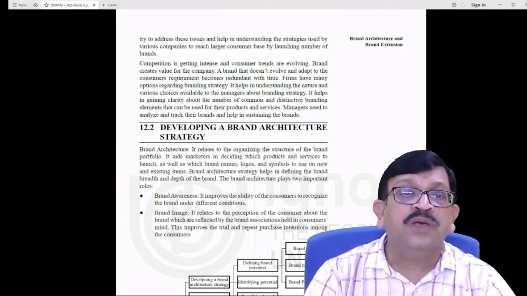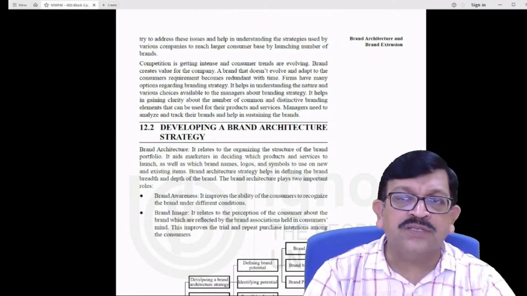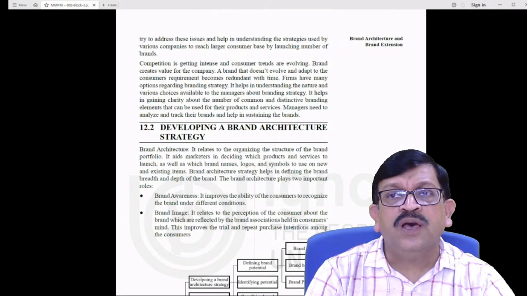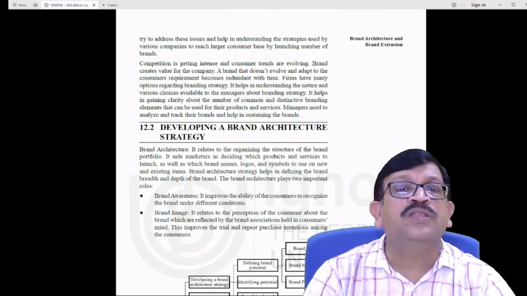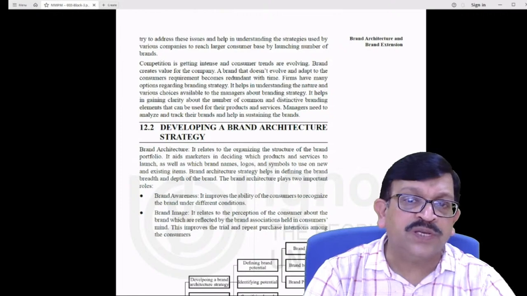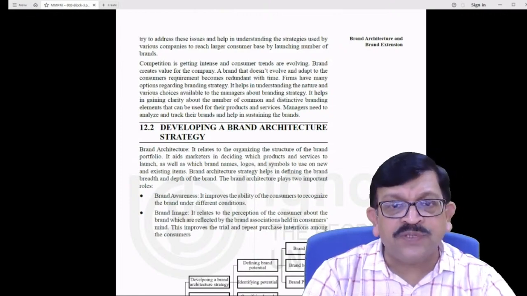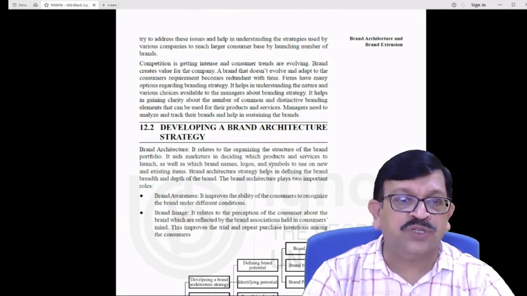At the same time, there should be clarity in the structure of these brand offers: how they are distinct from each other, how they are differentiated from each other, or what commonalities they are associated with. So it helps to track the brands and manage them in future.